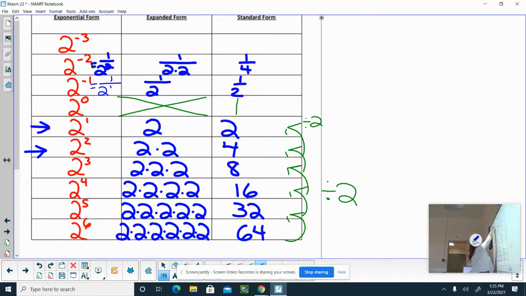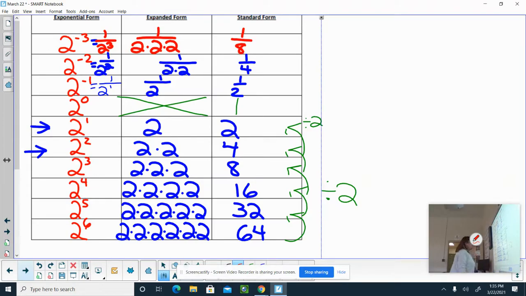Now we might as well just finish this off. 2 to the negative third is equal to 1 over 2 to the positive third. So that's equal to 1 over 2 times 2 times 2, which is 1 over 8.